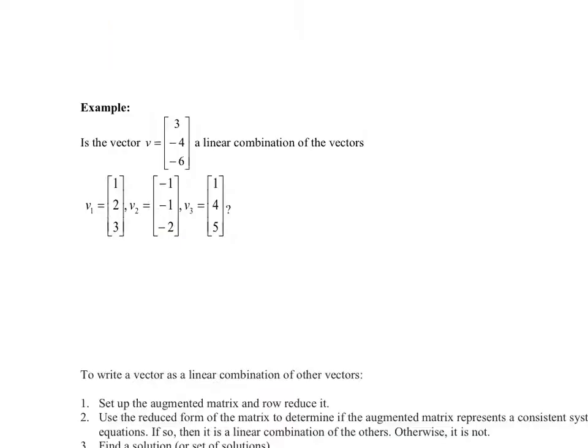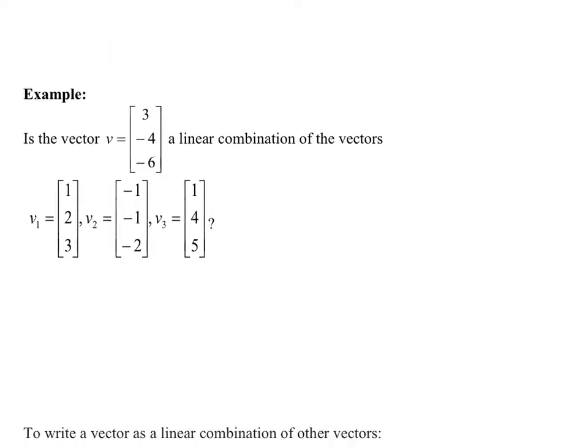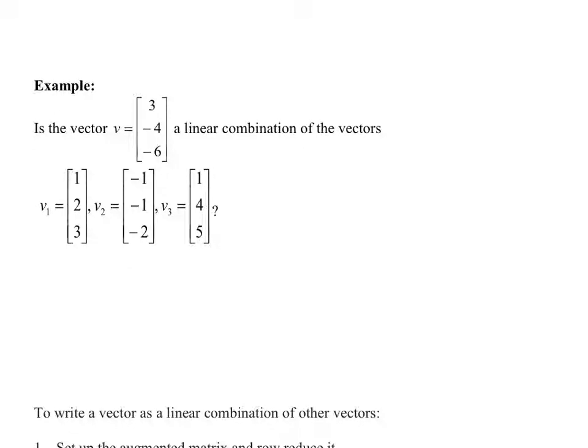Okay. This one you might actually like. Is the vector a linear combination of the other vectors? I like those kind of questions. So it's still the same setup, but now we're looking to see if a solution exists in any way, shape, or form.